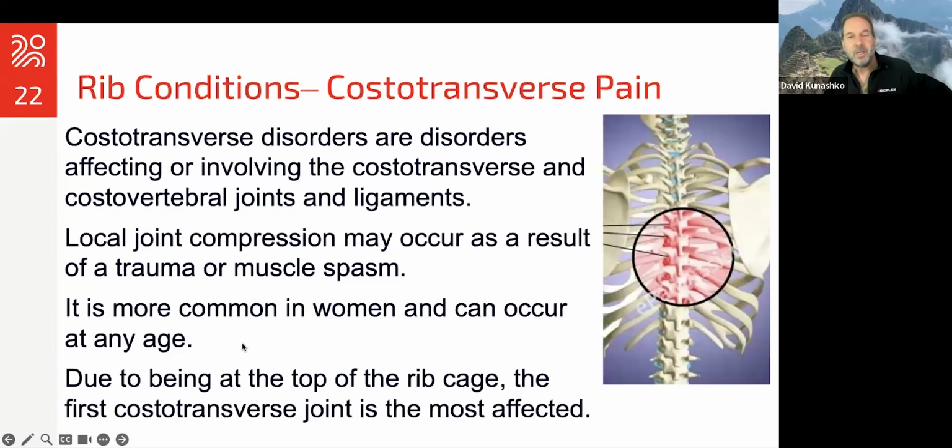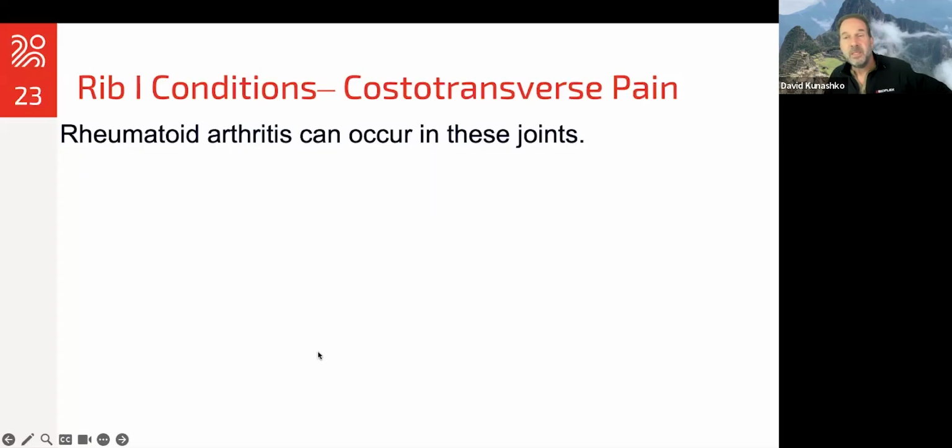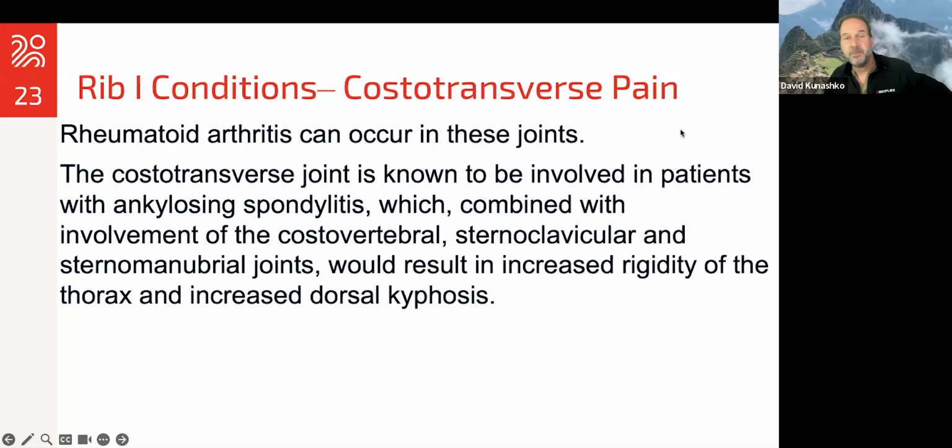The other thing is that due to being at the top of the rib cage, the first costotransverse joint tends to be most affected for these types of issues. Another interesting fact is that RA, or rheumatoid arthritis, can also affect these joints. So it may be a sequela of this particular type of arthritis.